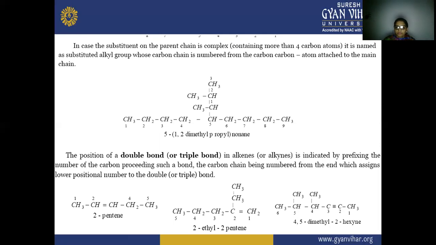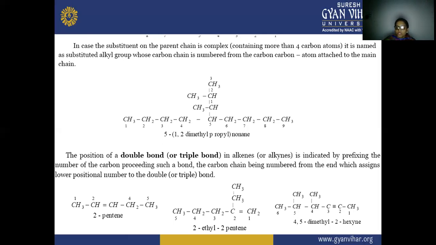This means that if any substituent or alkyl group is attached, as well as a double or triple bond present in the chain, then we have to use the double and triple bond as a suffix, and the substituent attached to that chain we will use as a prefix.